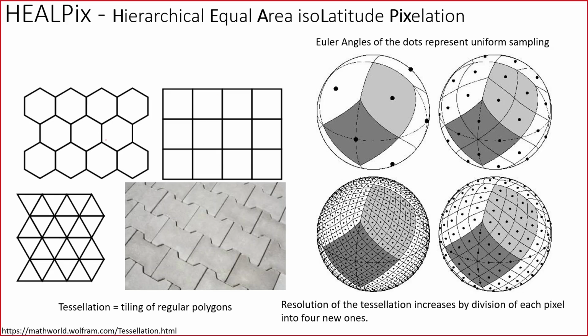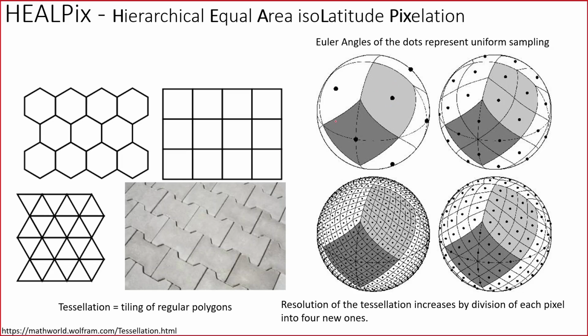Here you can see tessellation using hexagons, squares or triangles, but these can be even more complicated polygons. For example, if you walk on the sidewalk, you can see a nice mosaic where from the same structure you are covering the whole surface. So this is also a kind of tessellation. And in our case, we are tessellating, covering the whole surface of our sphere using these squares.